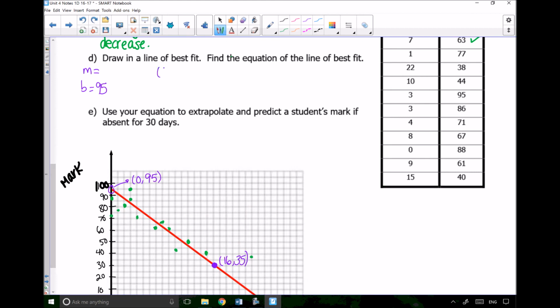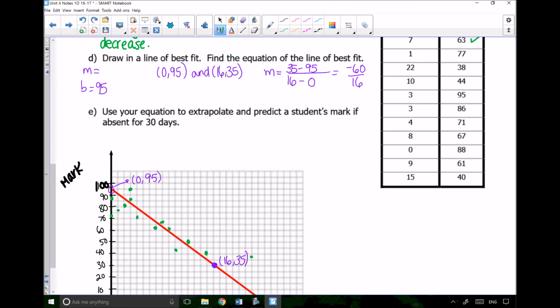Well, if I know it goes through (0, 95) and (16, 35), to find my m, I just use my slope formula. So I would do y2 minus y1 over x2 minus x1. So when I go ahead and subtract this, I end up getting negative 60 over 16.